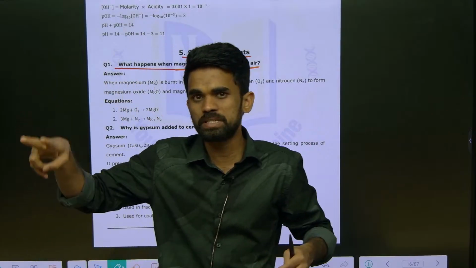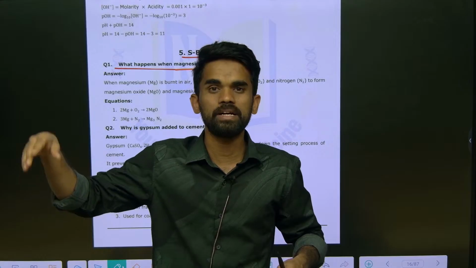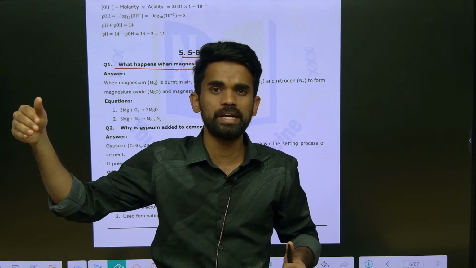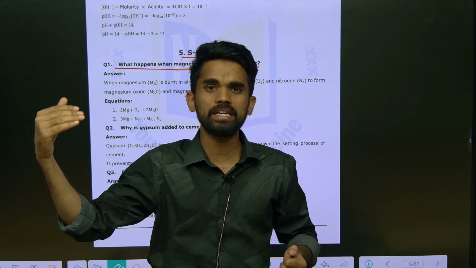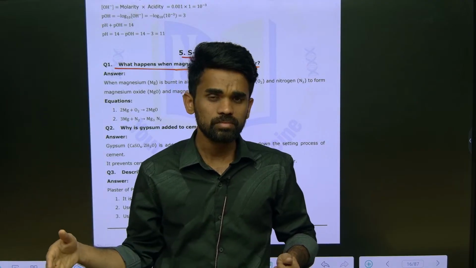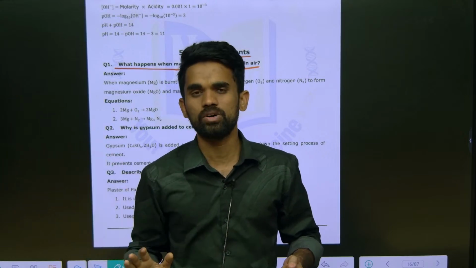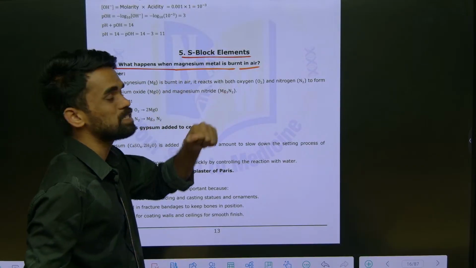The first 2 groups, first A group and second A group: lithium, sodium, potassium, rubidium, cesium are the first A group. Then beryllium, magnesium, calcium, strontium, barium, radium are the second A group. Alkali metals, alkaline earth metals. Just remember them.